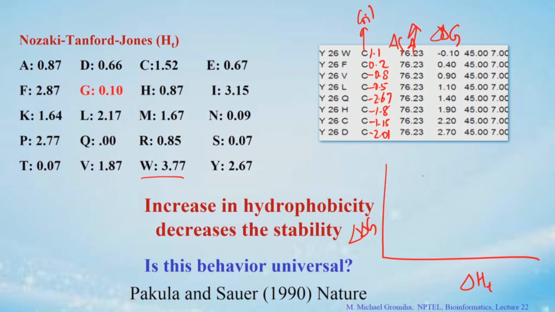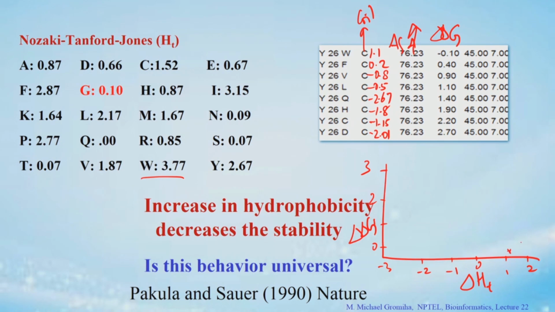Now, you can make a plot connecting the hydrophobicity and the stability. The axis runs from minus 3 to 2. What is the first one? Y26W, 1.1 and minus 0.1, somewhere here.